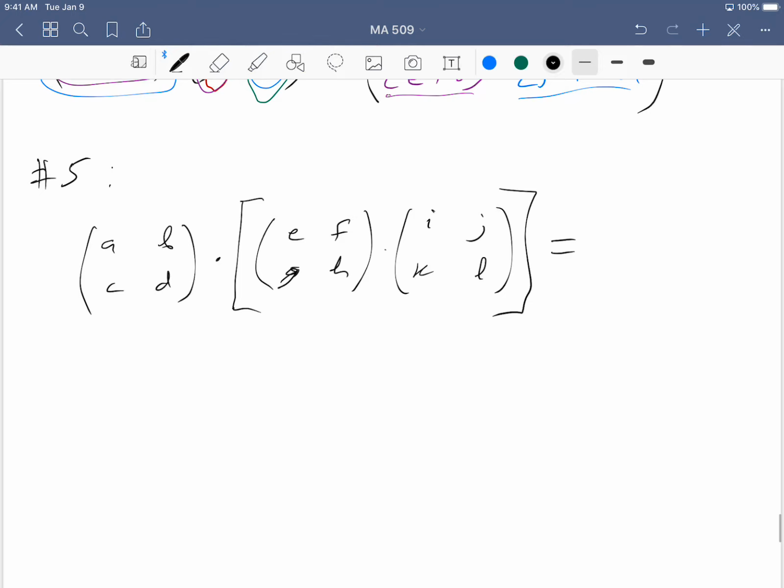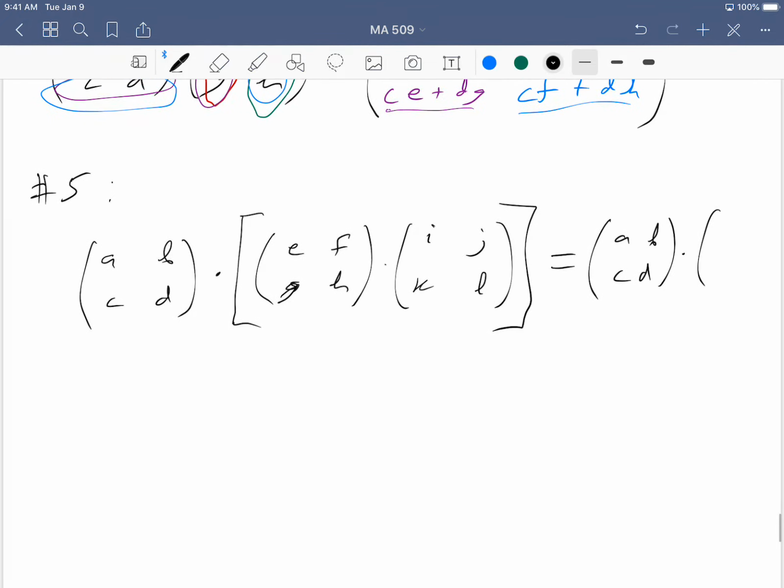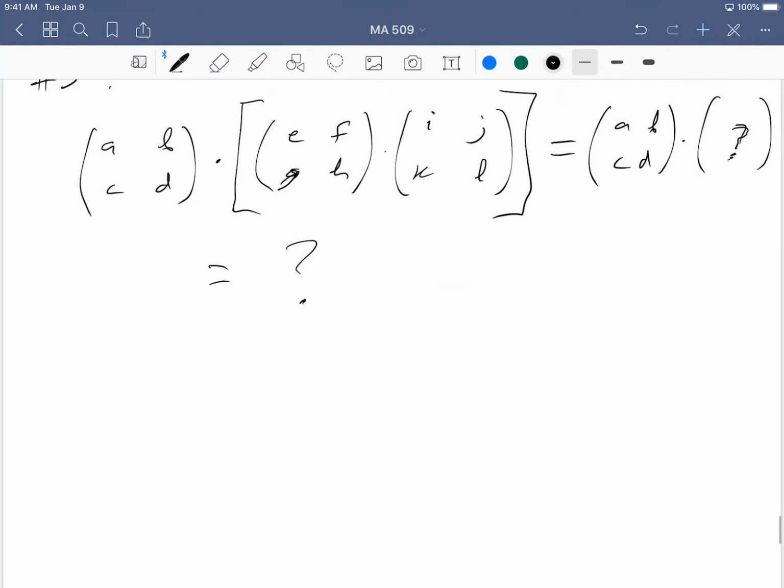So what I would do here is do the product inside first, and then I'm going to do another step of multiplying whatever that product is, that turns out to be the EFGH times IJKL, then times the ABCD, and I see what I get.